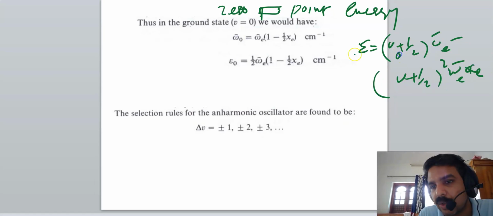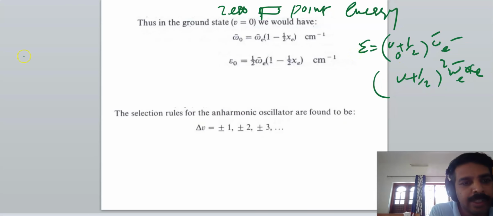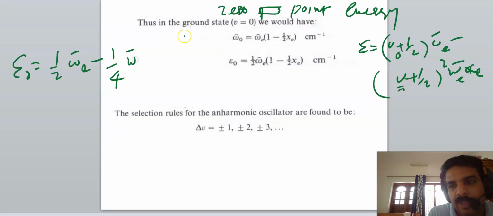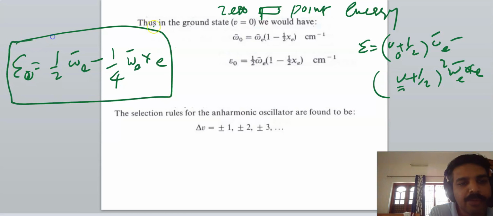When v is equal to 0, E_0 is equal to 1/2 omega bar e minus (1/2) squared, that is 1/4, omega bar e x_e. And that is the zero point energy of the anharmonic oscillator system.